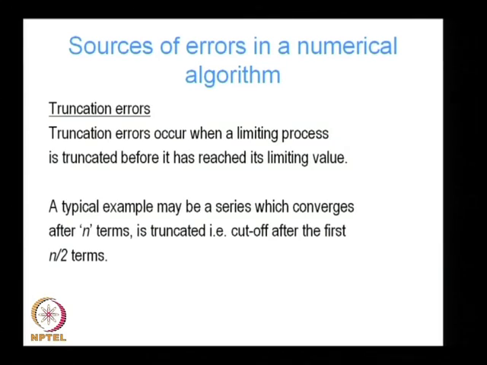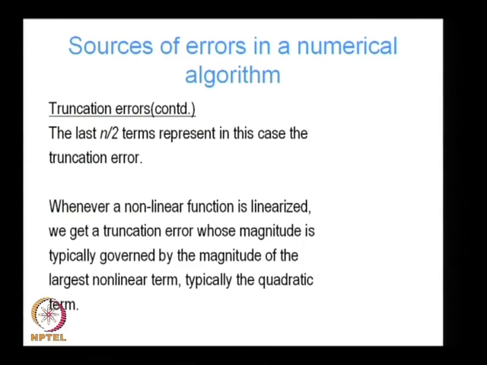So, if the series converges after n equal to 10 terms, and we cut it off after computing only 5 terms, the last n by 2 terms represent the truncation error. The last 5 terms in the series are not being accounted for, so they represent the truncation error.